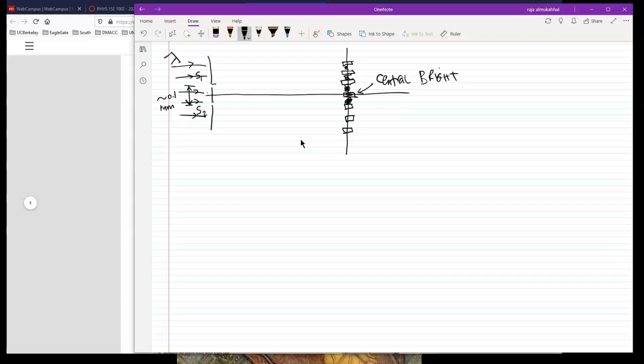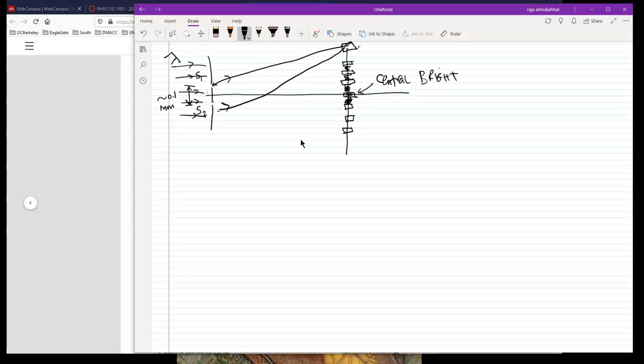You get that? So what happened is that this one ray of light from slit one, let's say it goes right here. Let's assume this is bright, and then the other one comes from slit 2 right here. As they meet, if the interference between them is constructive, you will get a bright spot.